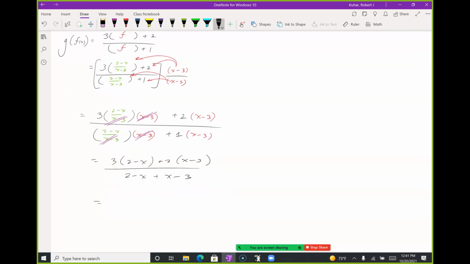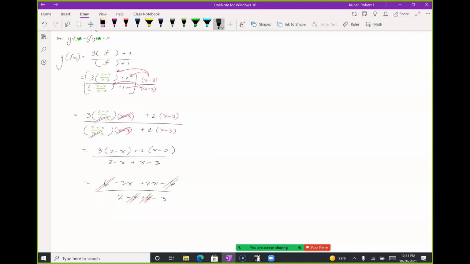So now I'm distributing upstairs, and then trying to cancel things. It looks like the 6's will go away upstairs and the x's downstairs. So I've got negative x over negative 1, and there it is, x.